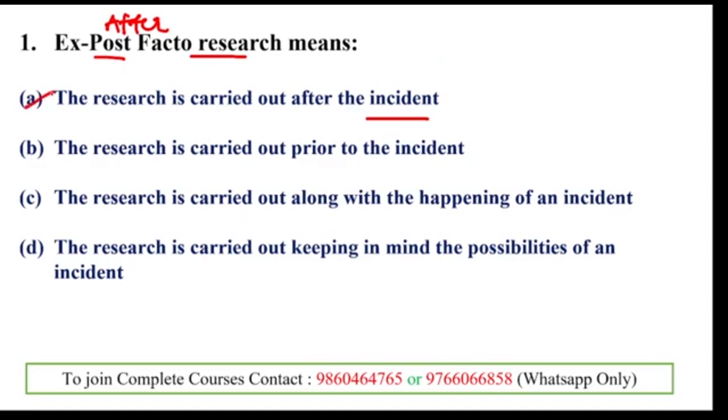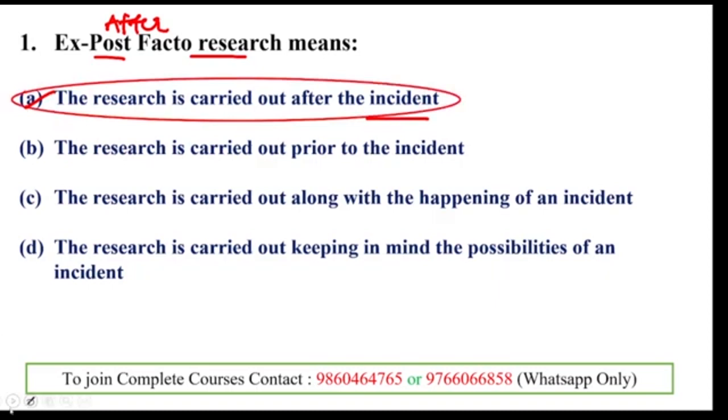Option A is the right answer. Clear? For example, take the COVID-19 incident. After this incident, or after the series of issues related to COVID-19, a researcher conducted research regarding the issue. That is ex post facto research.